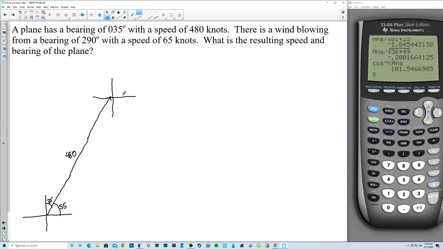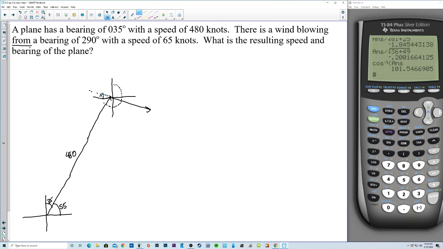There is a wind blowing from, you got to be very careful, from a bearing of 290. So there is 90, 180, 270, and another 20. Another 20 is 290. So the wind is blowing like that.